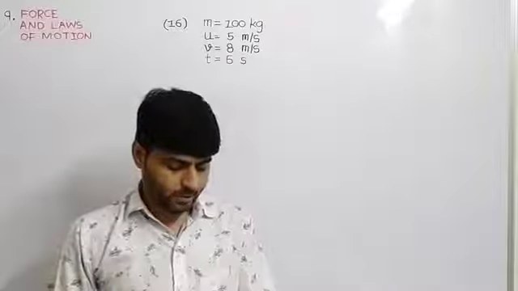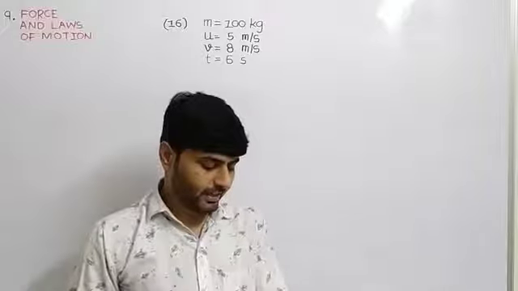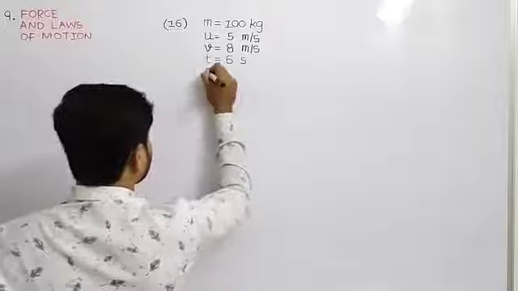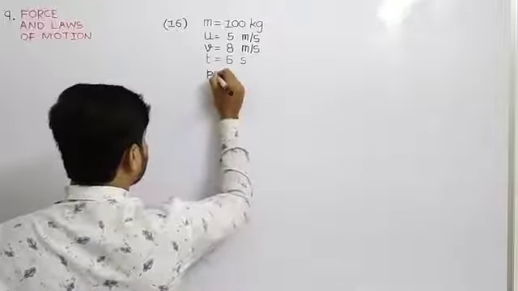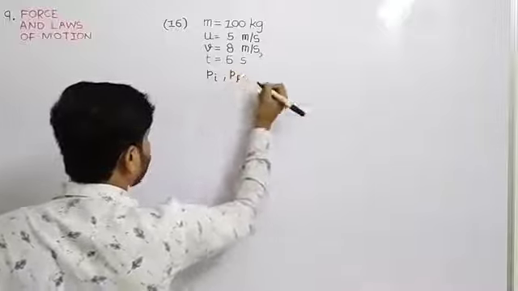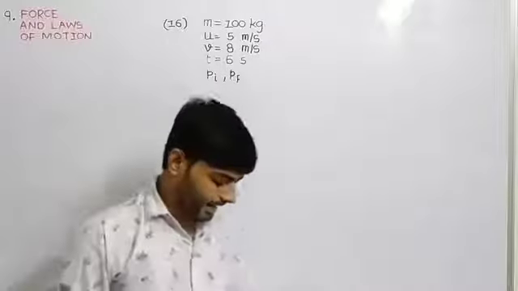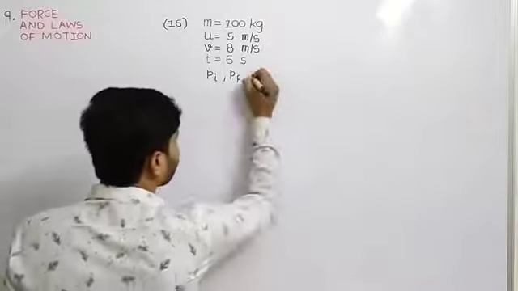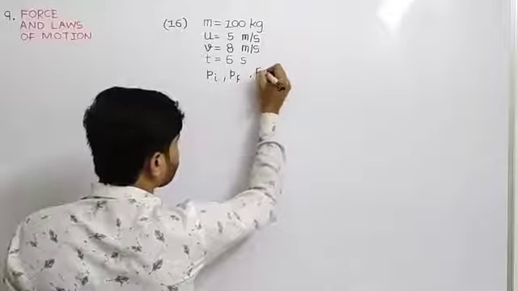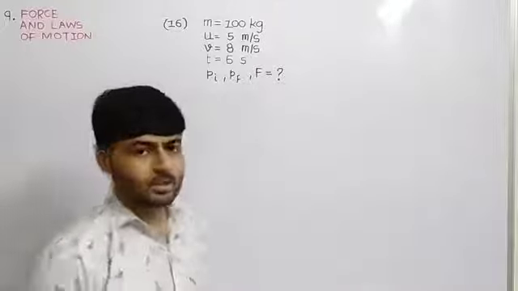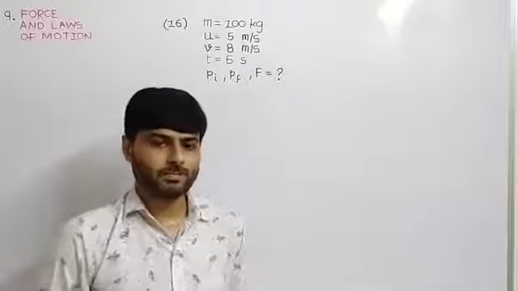Now we have to find initial and final momentum. So we have to find P initial, P final, and force, and we have to find force is equal to question mark. Remember the methodology.